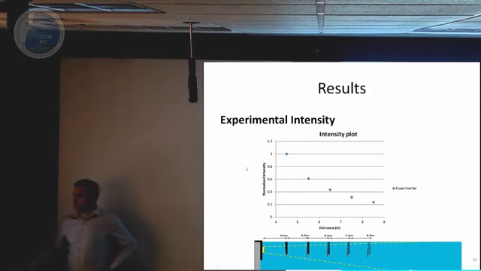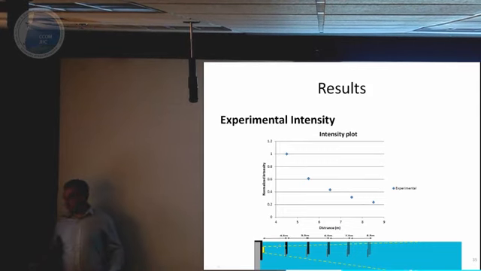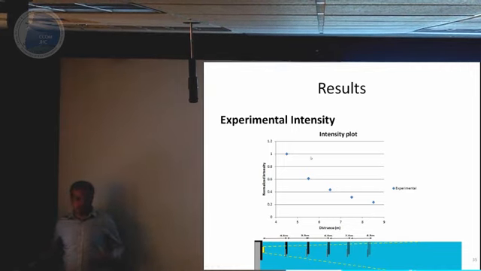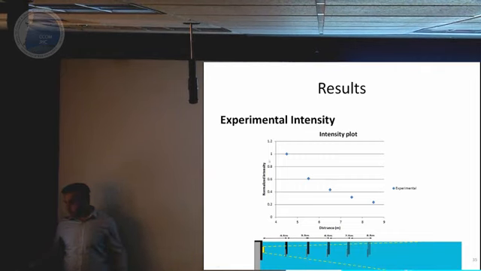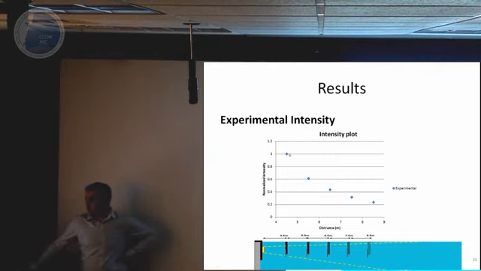This plot shows us the experimental intensity, which is what we got on the z-axis. We placed our detectors here at 4.5, 5.5, up to 8.5, and we got the experimental measurements in the range of 500 to 550 nanometers. We averaged the readings in this spectral range and normalized them.